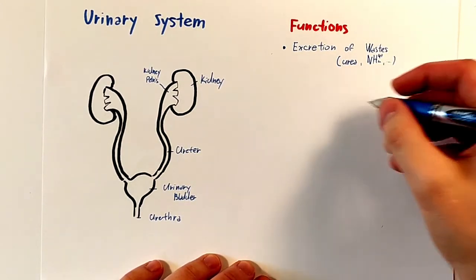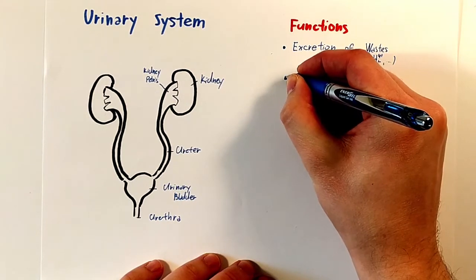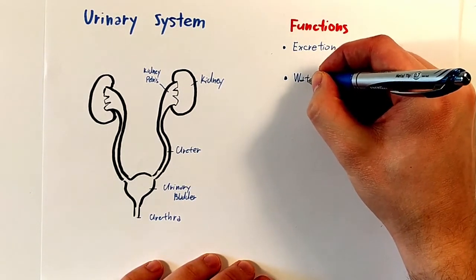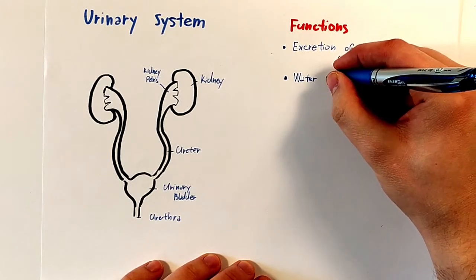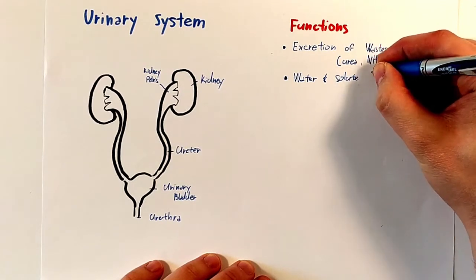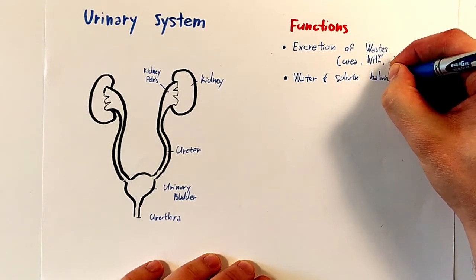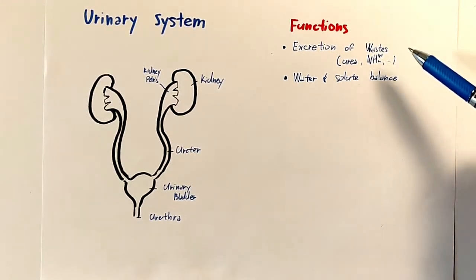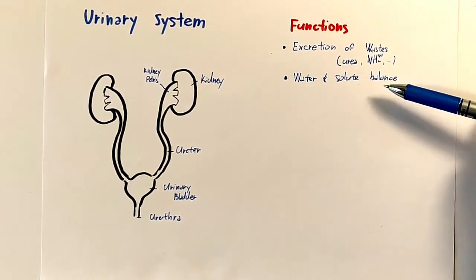Then the next function would be water balance, water and ion balance, or water and solute balance. Obviously you can't just isolate these wastes and get them out of the body.